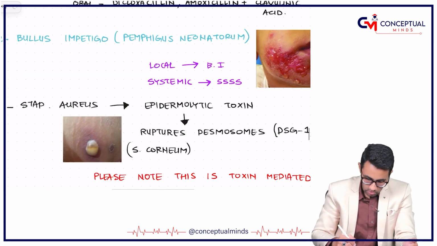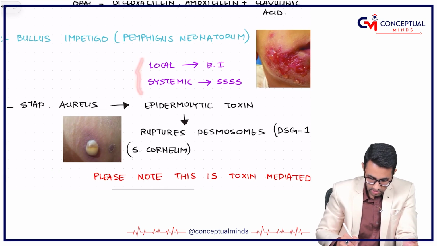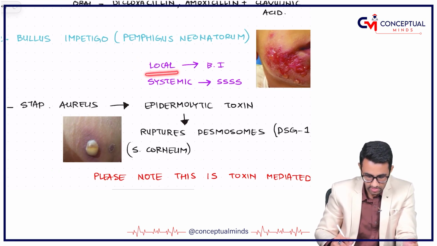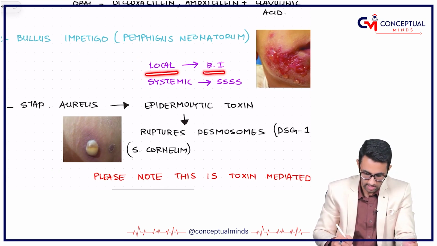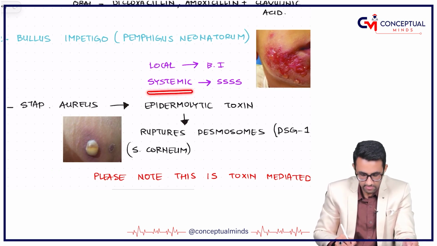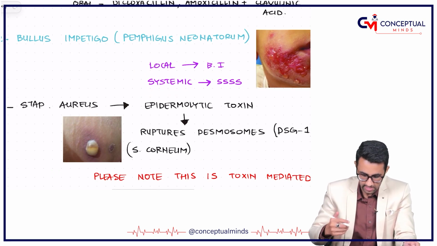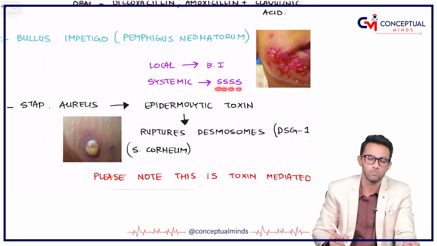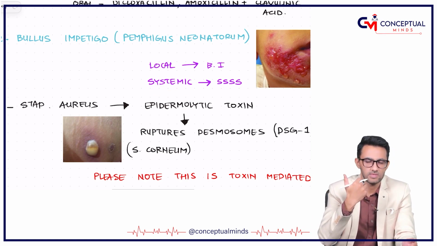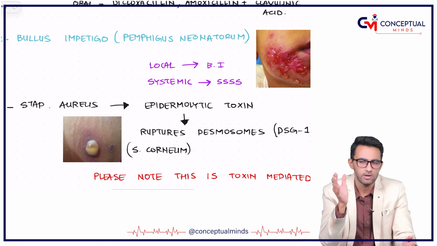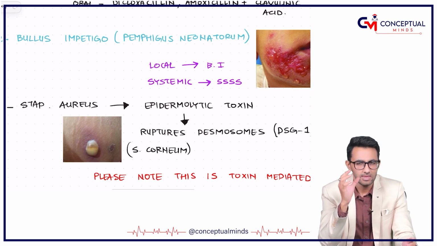So over here we have a little bit of concept. If it is a local infection, it is going to cause bullous impetigo. If this same thing happens systemically, we would have Staphylococcal Scalded Skin Syndrome, SSSS. This is a very hot topic as far as microbiology or dermatology is concerned, because Staph aureus is a very famous organism causing everything.